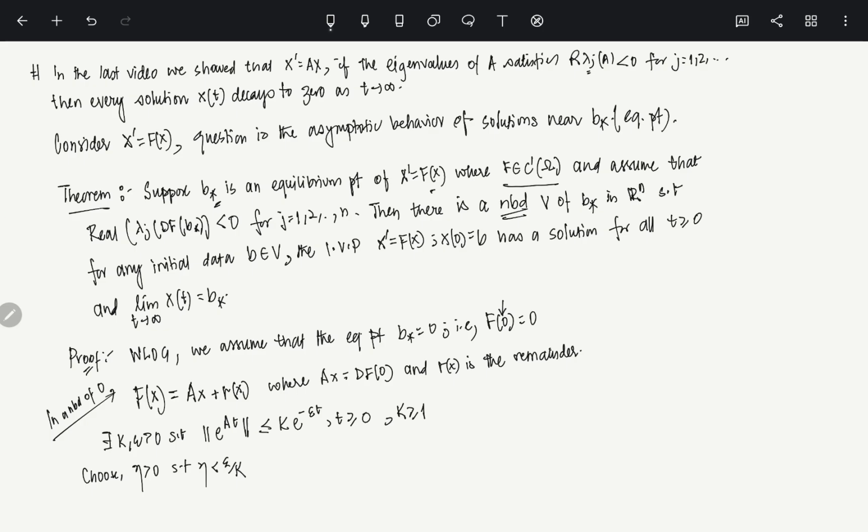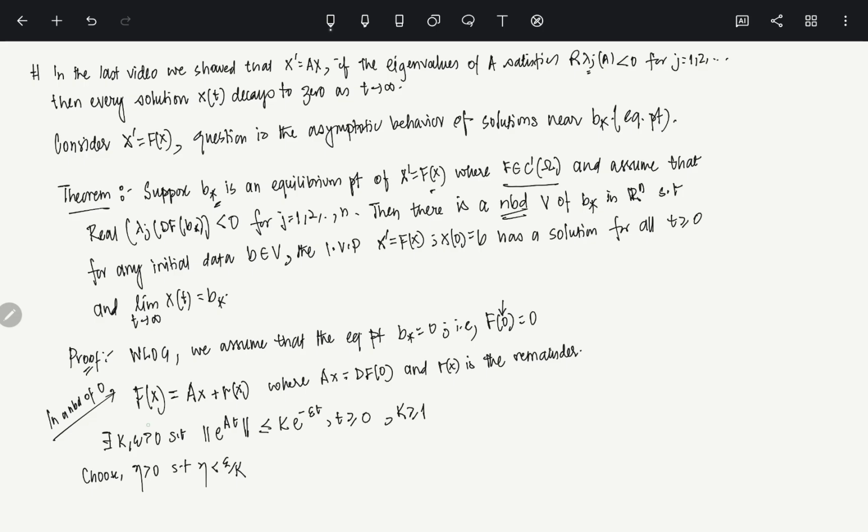Since f is C1 in a neighborhood of the equilibrium point, I can think of the nonlinear system as a linear system. I can approximate it, and I expect the behavior of the linear system to work also for the nonlinear system.